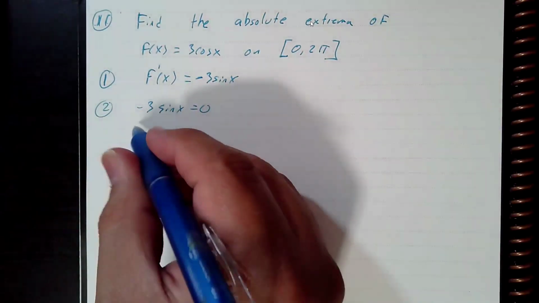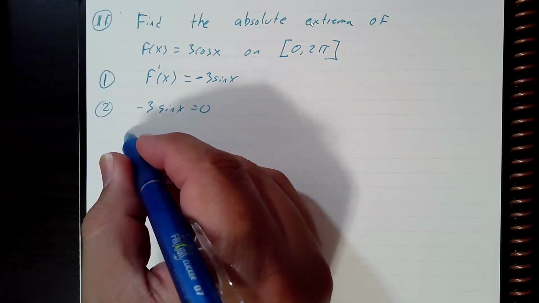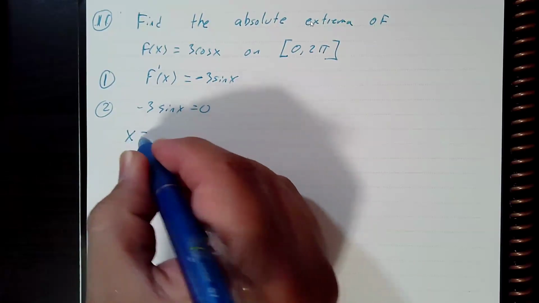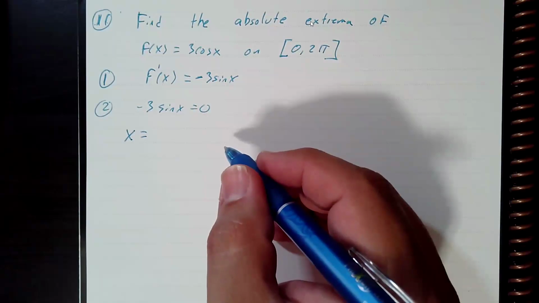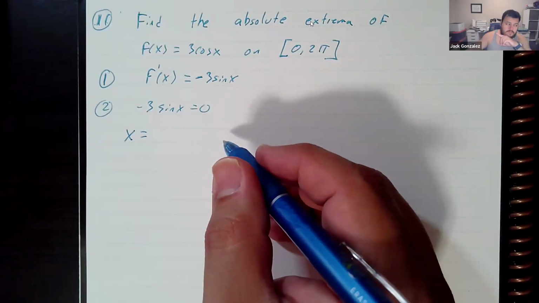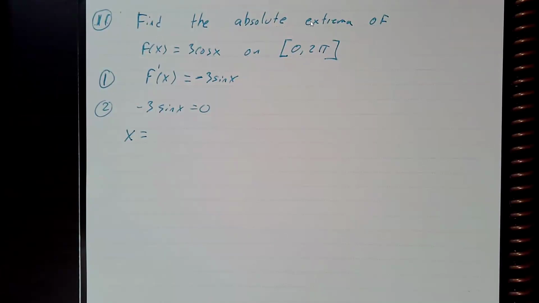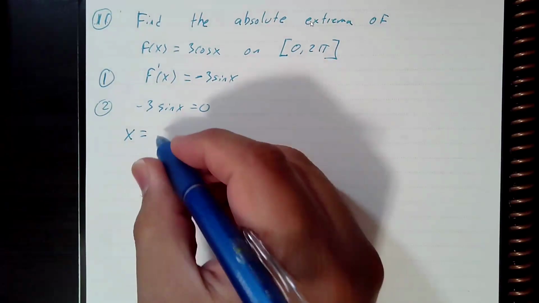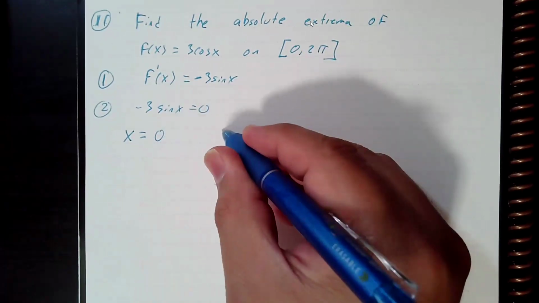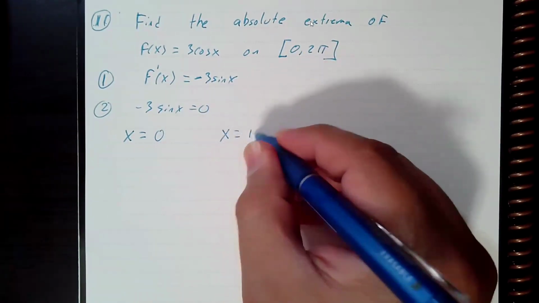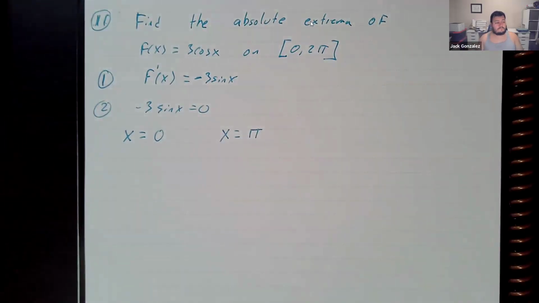Pi over 2, remember all that? Sine is the y's, so it's 0 and 180 degrees, which is pi, and then 2 pi, which is 360 degrees.